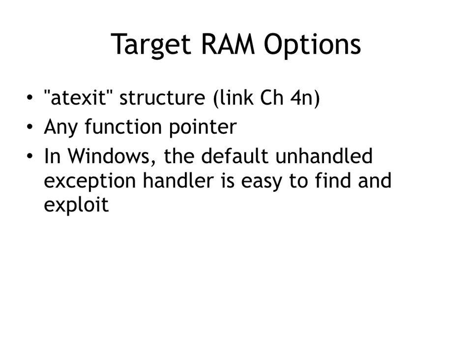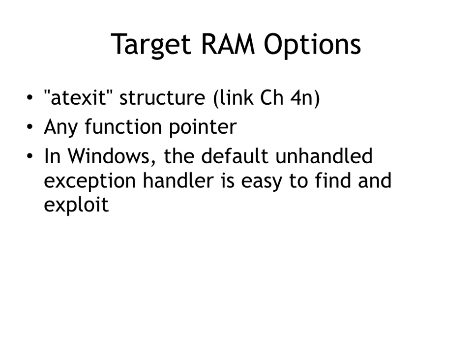There's also something called an add-exit structure, which I've never used, but it's another object which is called when the program exits. And in Windows, especially old versions like Windows XP, it turned out that the structured exception handler was always at exactly the same address, so you never had to hunt for it. The exception handler is what handles crashes, like divide by zero or attempts to access memory out of range.